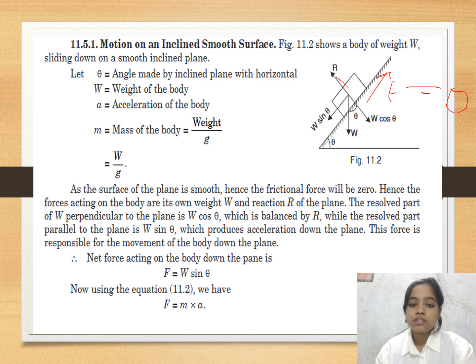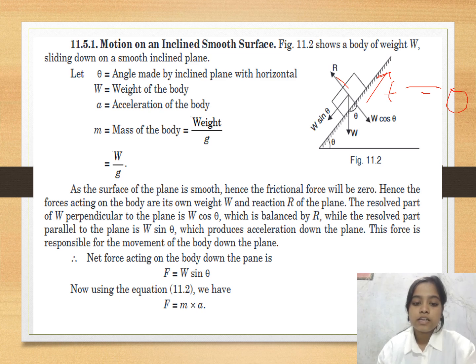W cos theta is balanced by R, while the component parallel to the plane, which is W sin theta, produces acceleration down the plane. Therefore, the force is F equal to W sin theta down the plane.